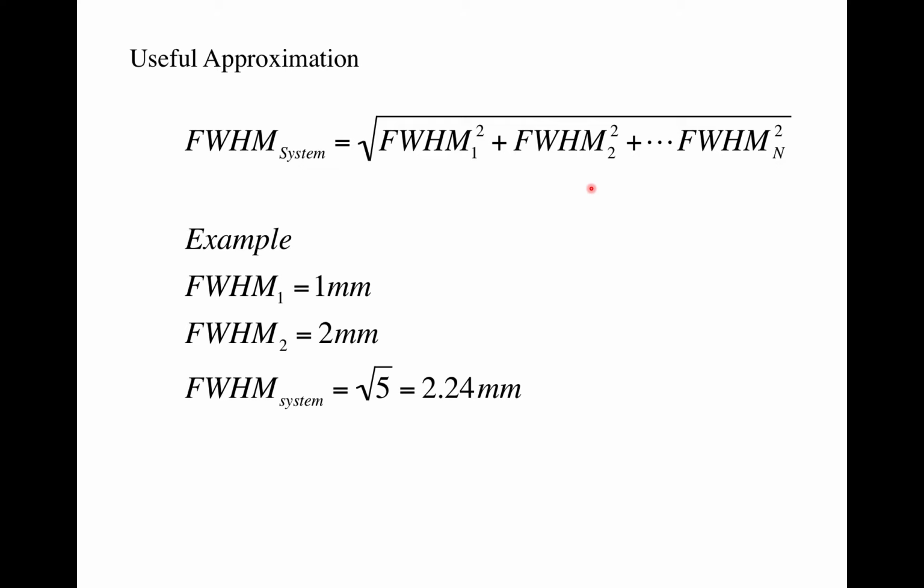If I have n systems and I take the full width at half max and they're all Gaussians, then I can just add up their squares, take the square root, and that gives me roughly what my end full width at half max is.